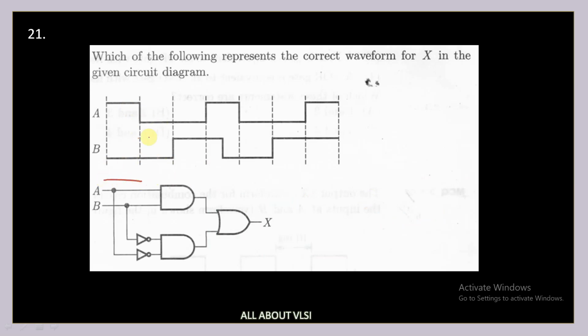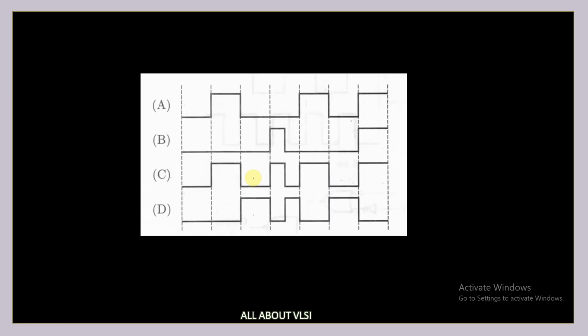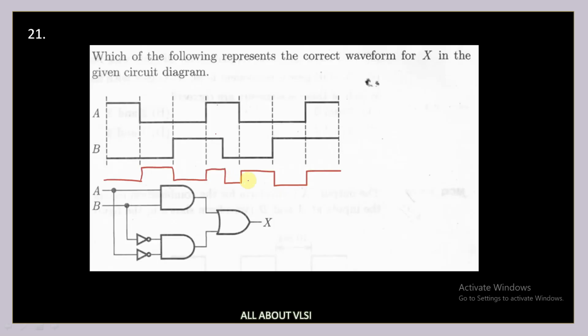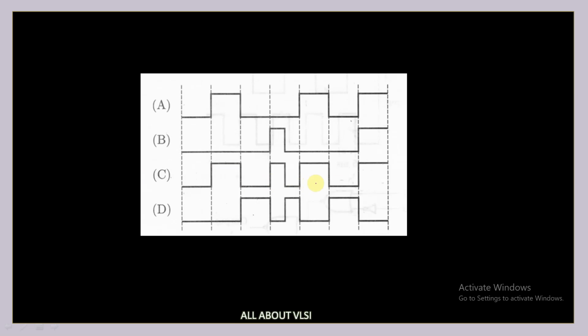Okay, the inputs are equal, so you are going to get 1, and the inputs are not equal, so you are going to get 0, and inputs are equal, so your output is going to be 1, and not equal, so that's why it is going to be 0, and these are equal, so that's why you are going to get 1, and not equal and equal. Okay, so this is the waveform you are going to get, and which is matching with option C.